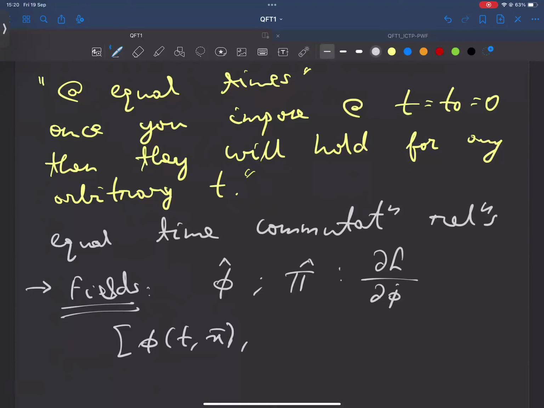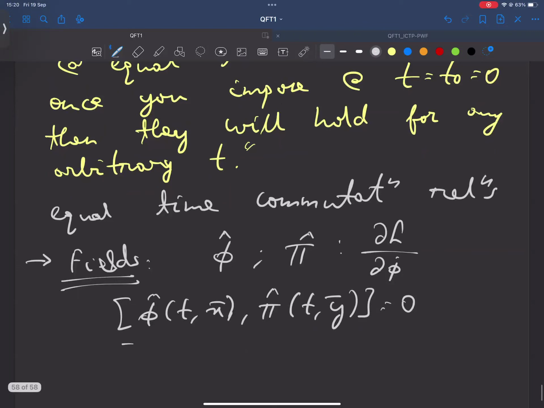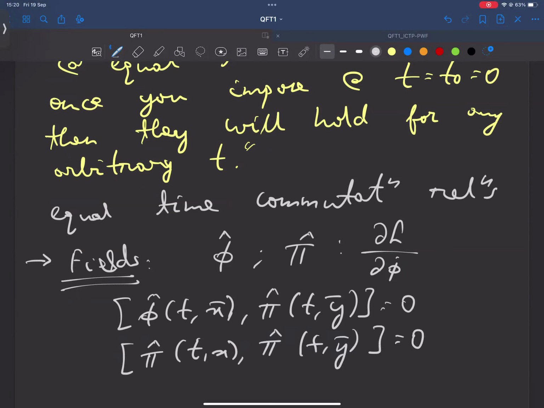So let me explicitly write the space-time dependence. So you see the space points can be different, that's okay, but they will be at equal time, okay? So just like we did in quantum mechanics, we will impose these relations.